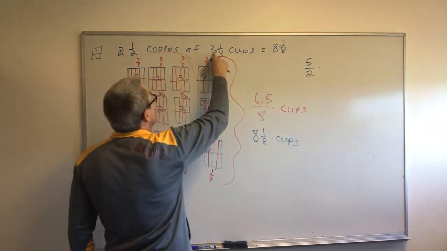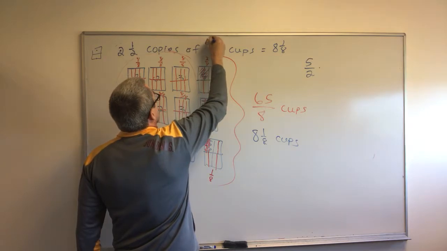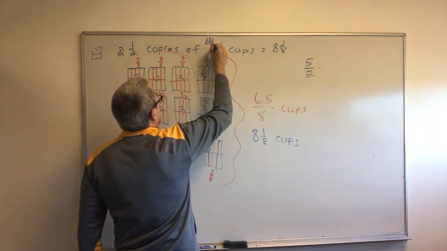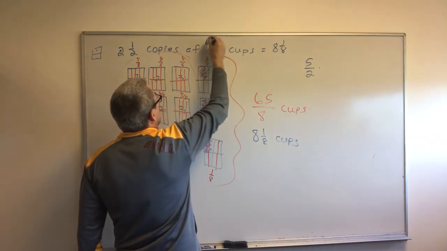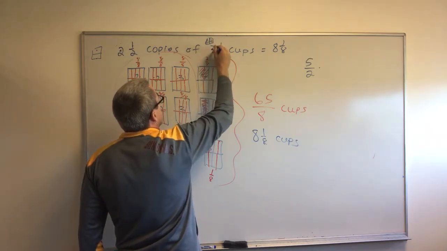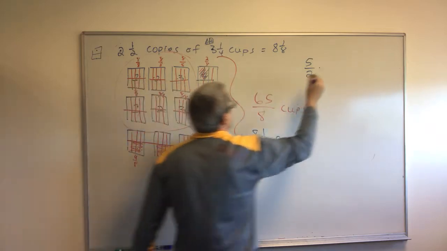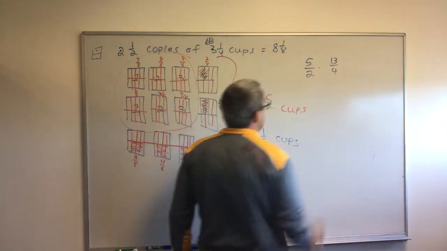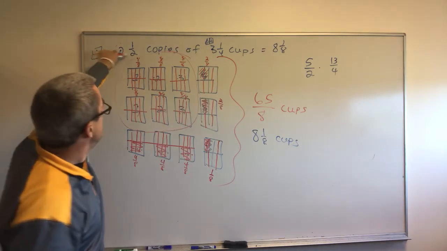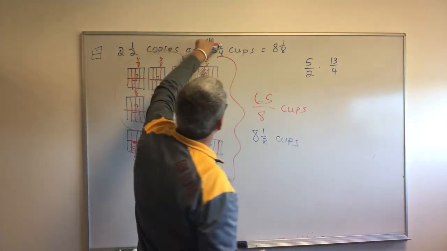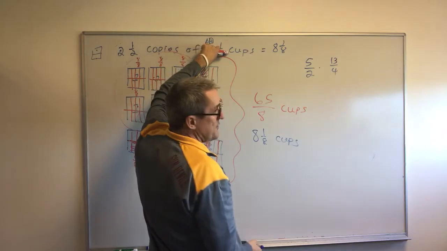Now in terms of fourths, there's 4 fourths in a whole. So I have 4 fourths, another 4 fourths, another 4 fourths. I have 3 wholes. So that would be 12 fourths, plus one more would be 13 fourths. So you could express this as 2.5, 5 halves, copies of, multiply, 3 1/4, 13 fourths.